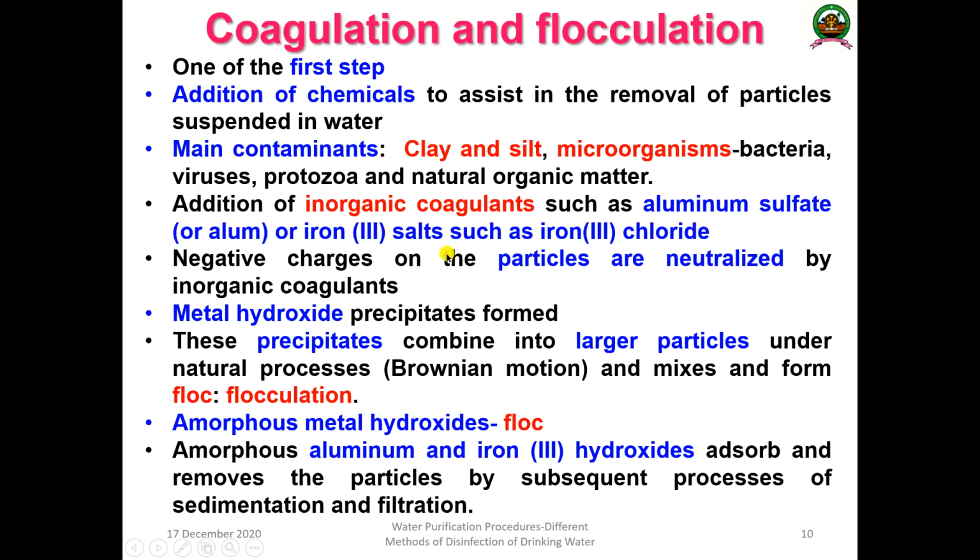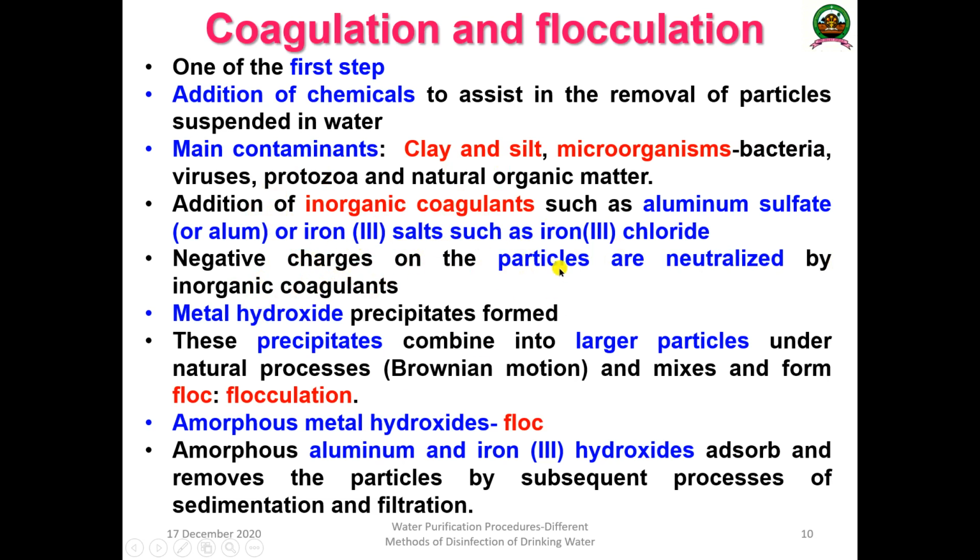natural organic material. We have already discussed the addition of an inorganic coagulant, the major coagulants such as aluminium sulfate or alum, or an iron salt such as iron 3 chloride. You can add either alum or iron 3 chloride or any other iron salt. So what will happen? The negative charges on the particles are neutralized by the inorganic coagulant.